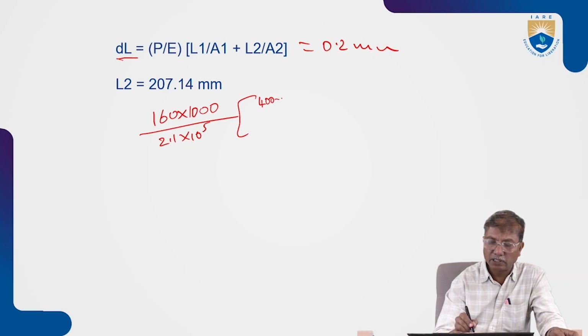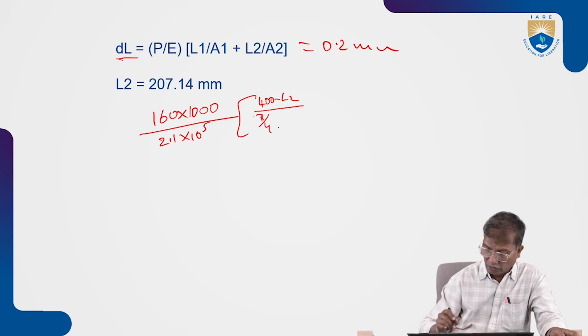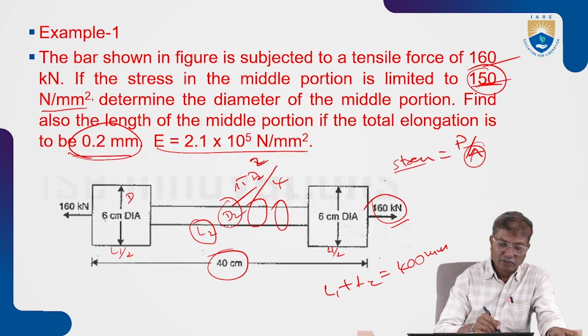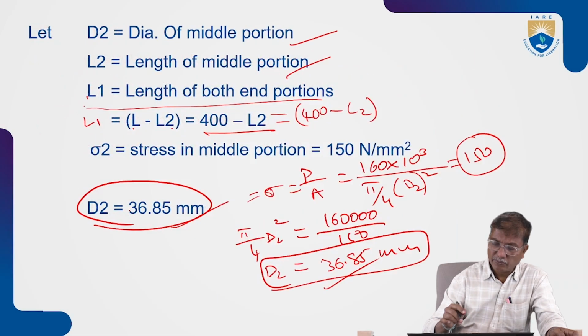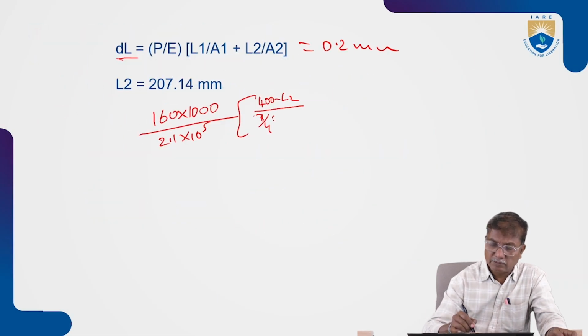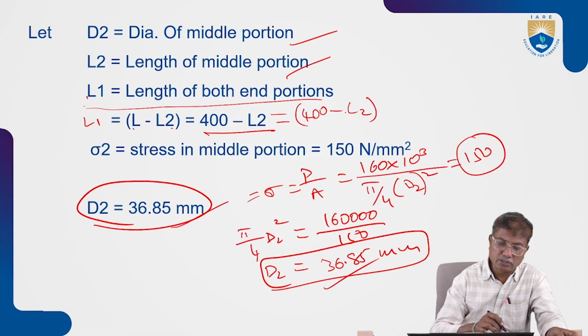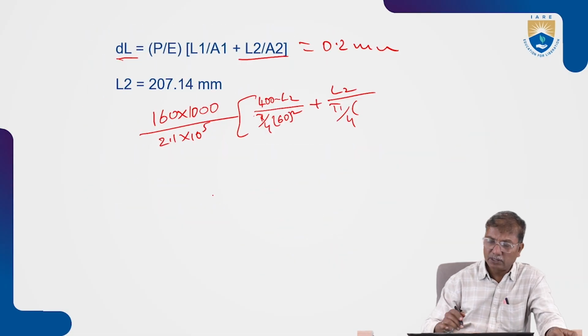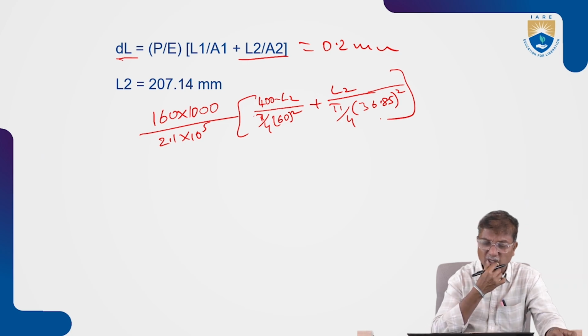L1 is 400 minus L2 by A1, that is pi by 4 into the diameter, which is 60 mm, 60 square, plus L2 by A2, that is pi by 4 into the diameter of the middle portion we have calculated, 36.85 square.